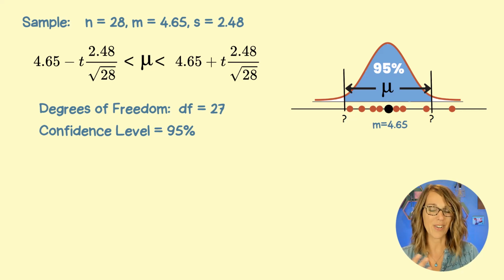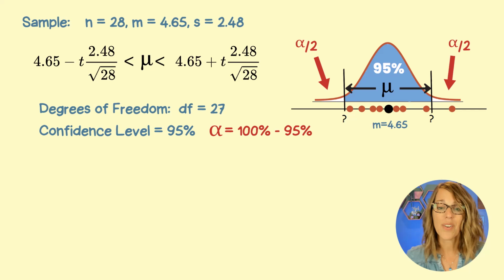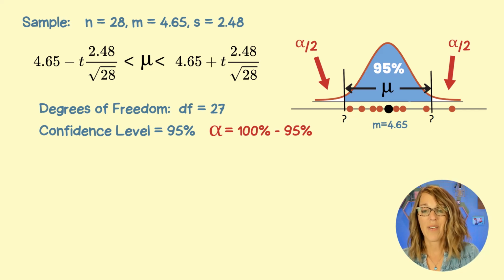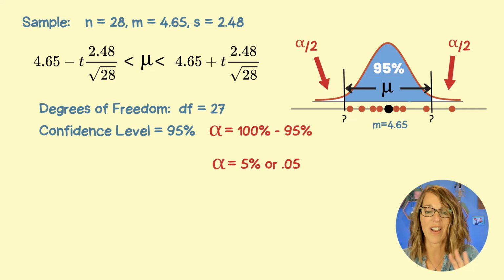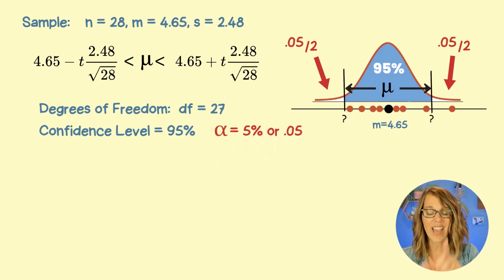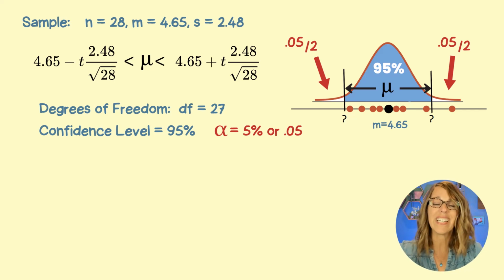And depending on your table, it might either ask you for the confidence level, which is that inner area, or it might ask you for the outer area, which is our alpha. Now, our alpha, those tails, is 100% minus 95%. So those two outer tails together have an area of 5% or 0.05. But I would consider that as 0.05 split into 2, so 0.05 divided by 2.